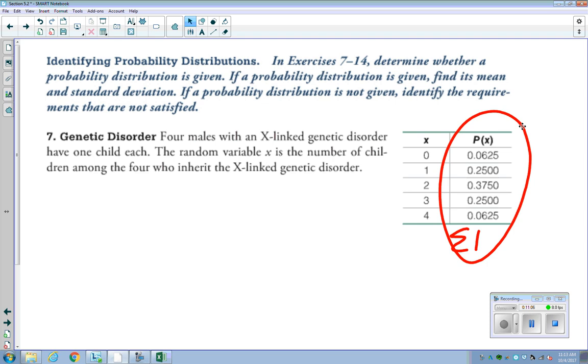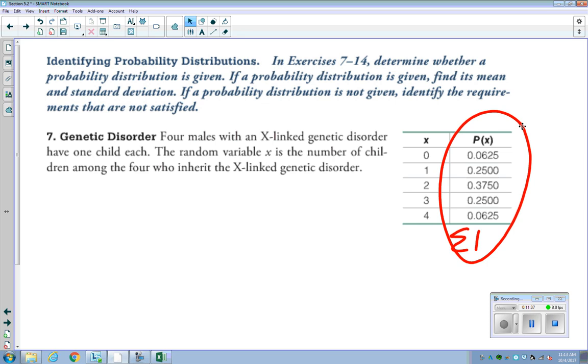So we've met the first requirement. The second requirement says, do all the probabilities add to 1? Jackie says yes. She says she's added them all up and they sum to 1. Excellent. So it meets that. Then I'm going to look, is every probability between 0 and 1 inclusively? Yes. So it does meet that probability distribution.